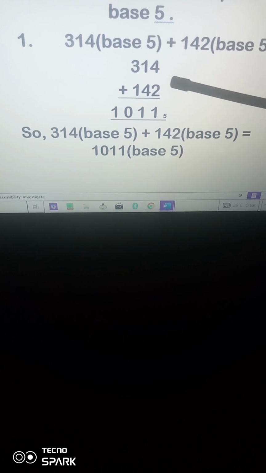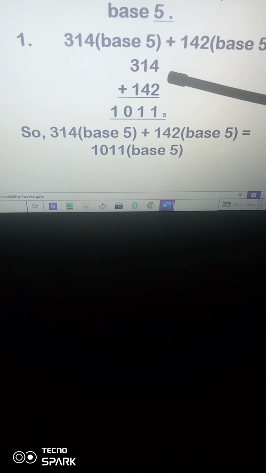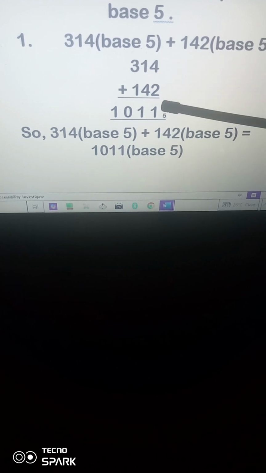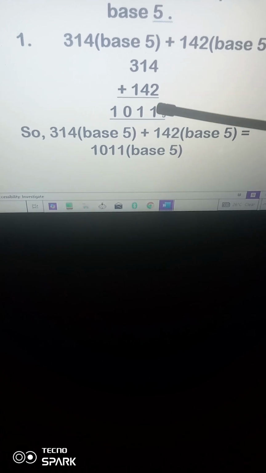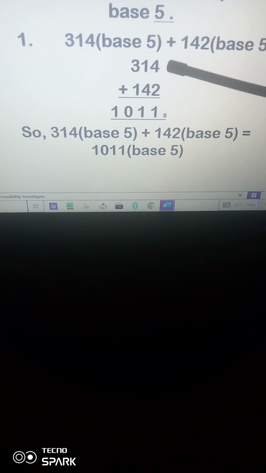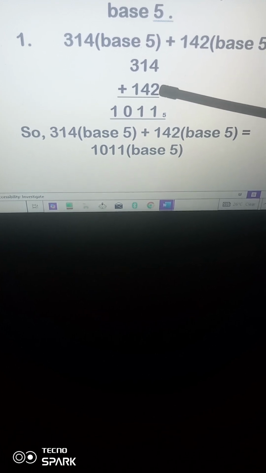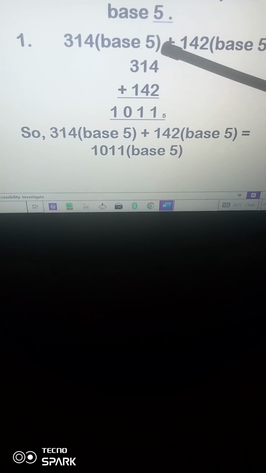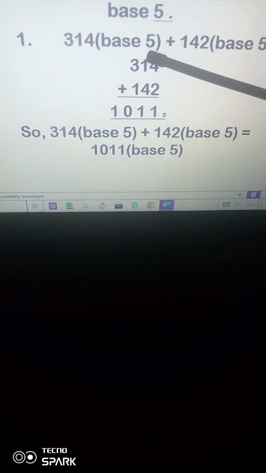This is how it is done. 4 plus 2 is 6, divided by 5 is 1, remainder 1. So it is the remainder we write, and we carry the one bundle of 5 to the other side.